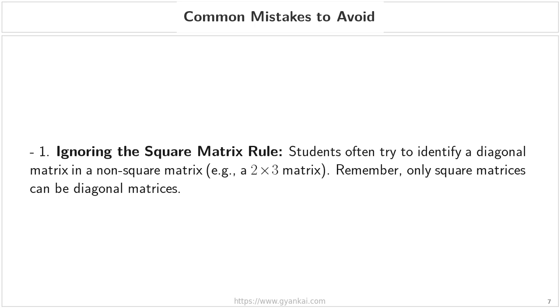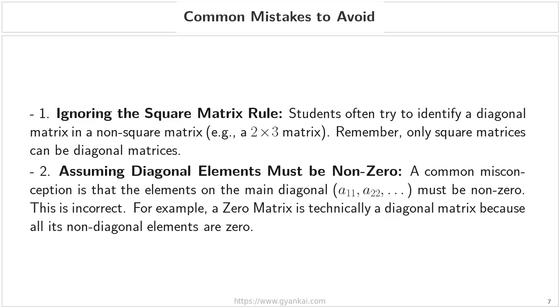As we established in our introduction and during our step-by-step example, the very first requirement is that the matrix must be square. If the number of rows does not equal the number of columns, it simply cannot be a diagonal matrix.